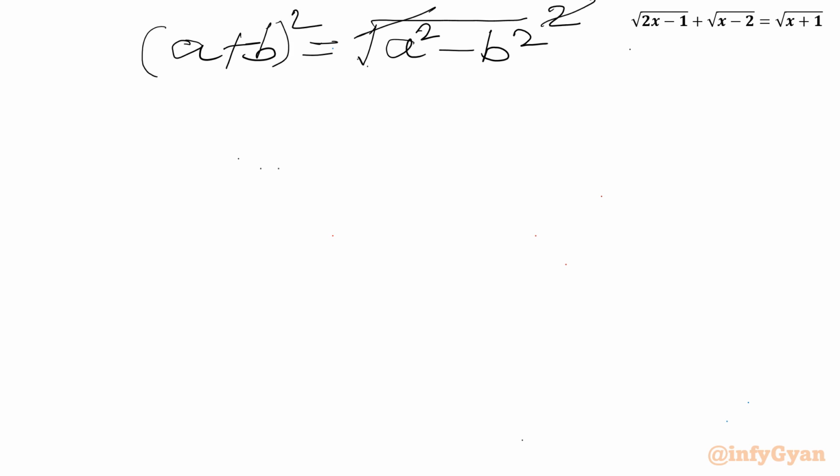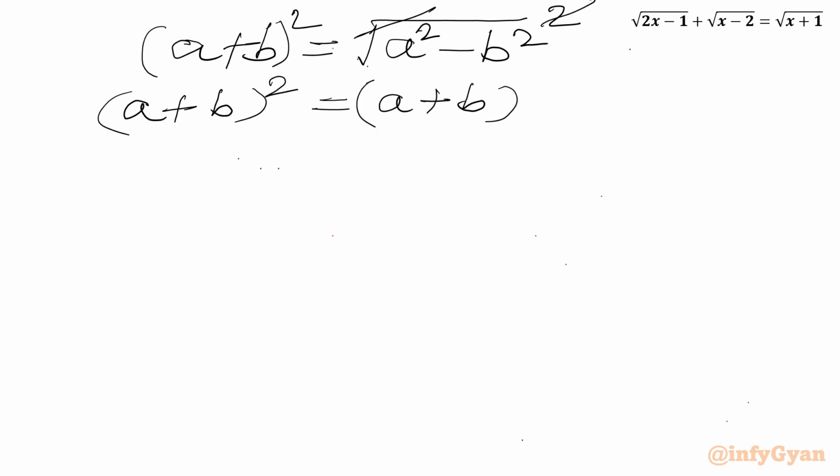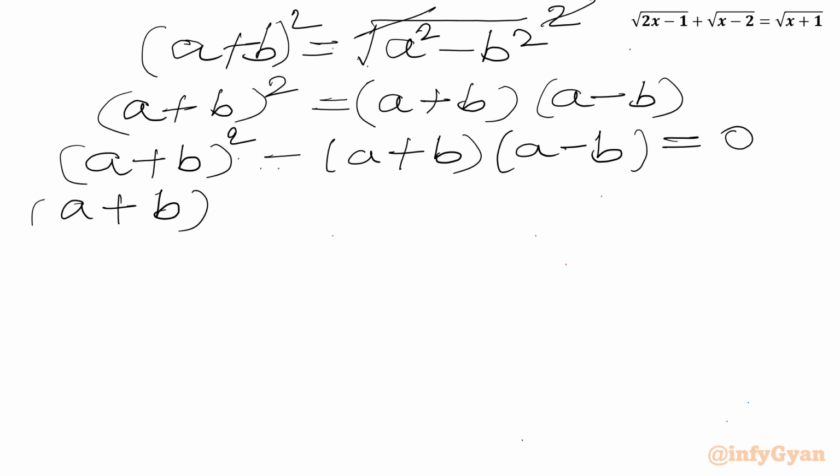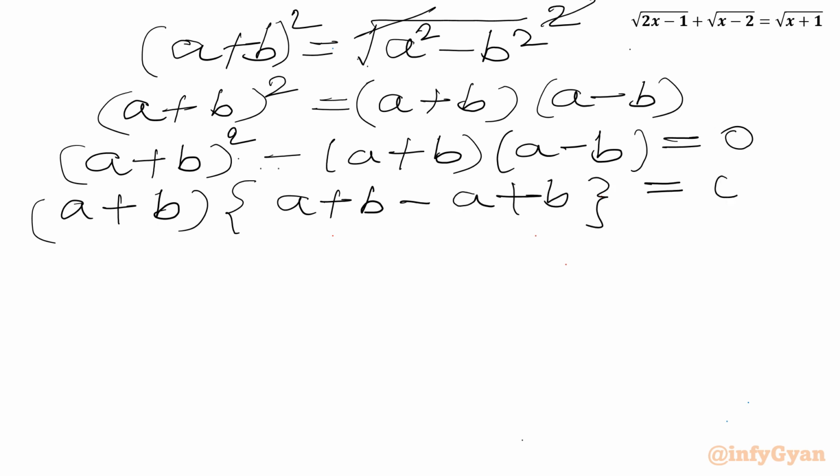Now square root and power 2 will be over. So I can write a plus b whole square equal to a plus b times a minus b. Let us take all the terms to one side. a plus b whole square minus a plus b times a minus b equal to 0. Now a plus b is common. We can write a plus b times a plus b minus a plus b equal to 0.